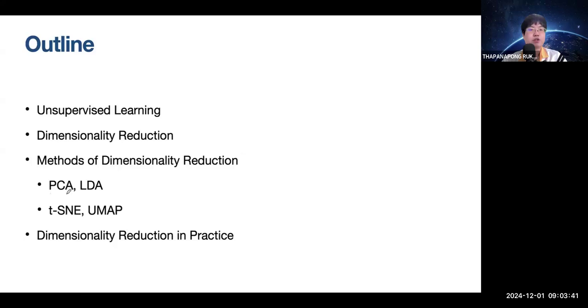We actually used PCA last time. There is also LDA. We have t-SNE and UMAP. And these 4 methods are going to be your go-to. Basically, a lot of people use them, and it will be your first choice for your research if you decide to reduce the dimension of your data.